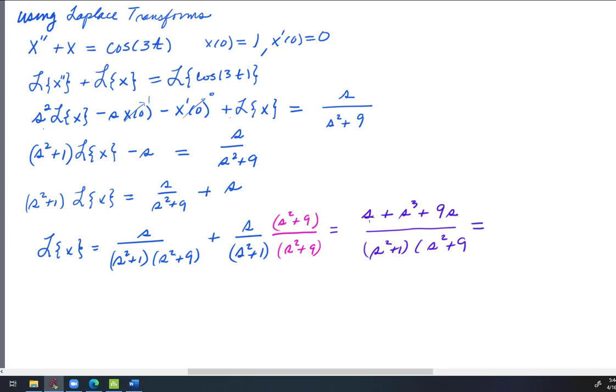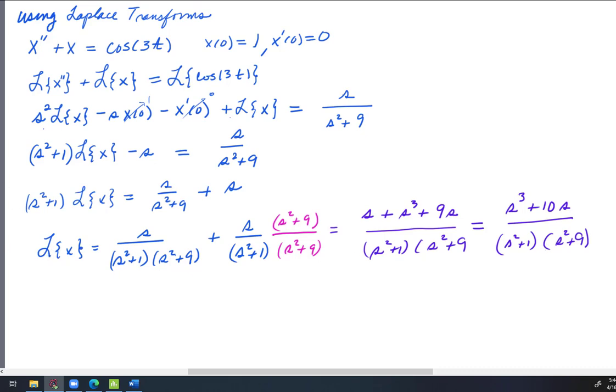And in fact, here's an s and here's an s. This would be (s cubed plus 10s) over (s squared plus 1)(s squared plus 9).